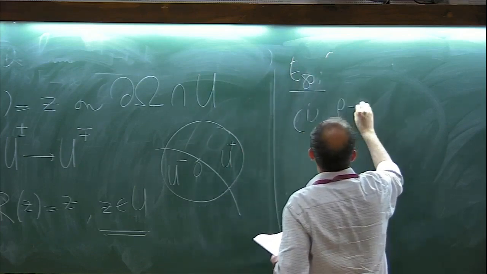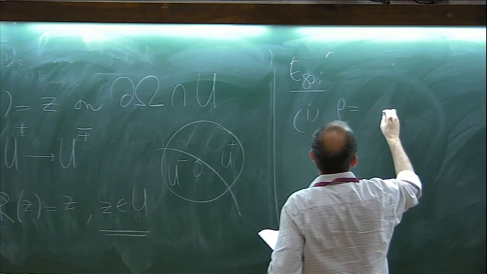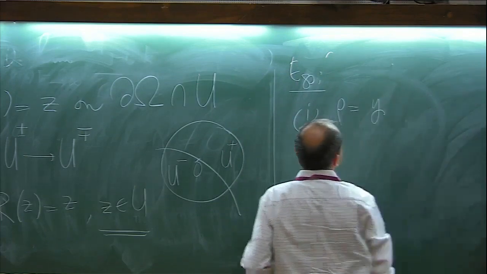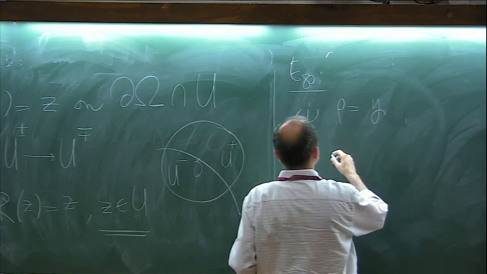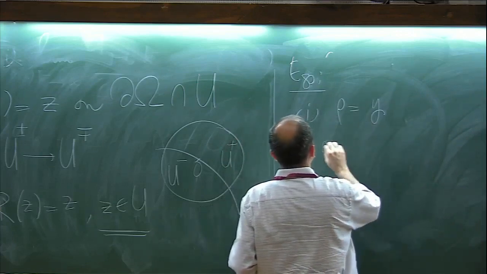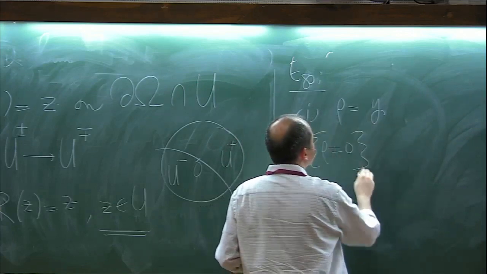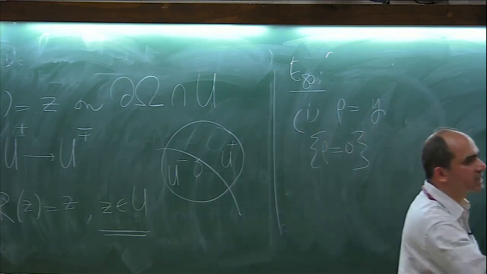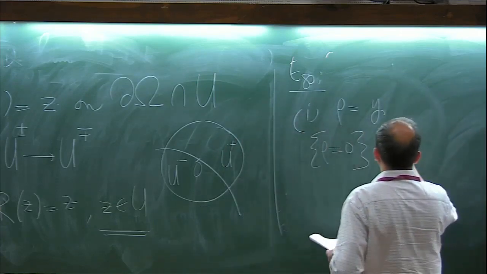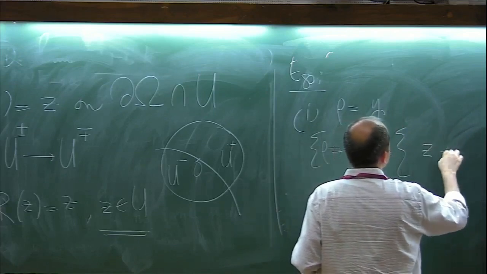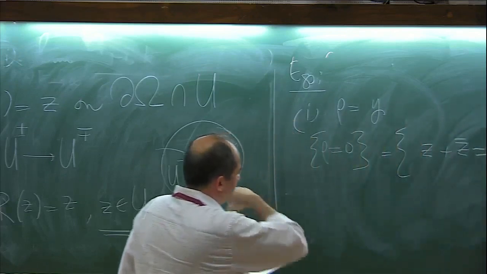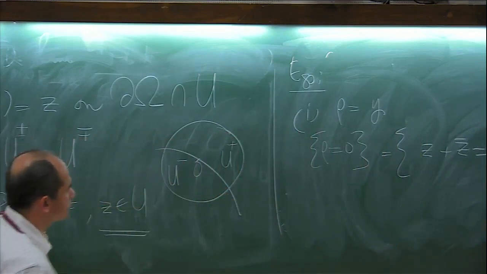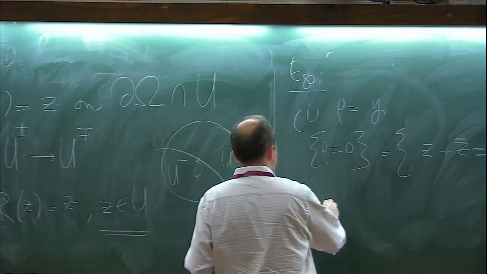Let's take rho to be y. This is the function y. So rho equal to 0 is y equal to 0, which is the x-axis. And I will write this as z plus z bar equal to 0. So what is the Schwarz function here?